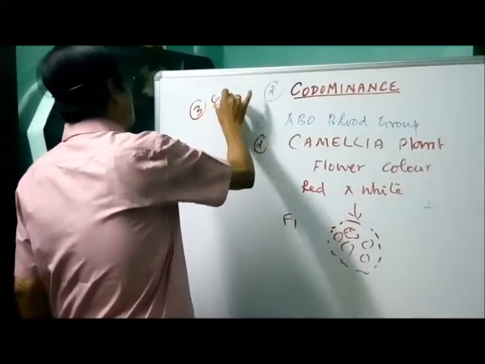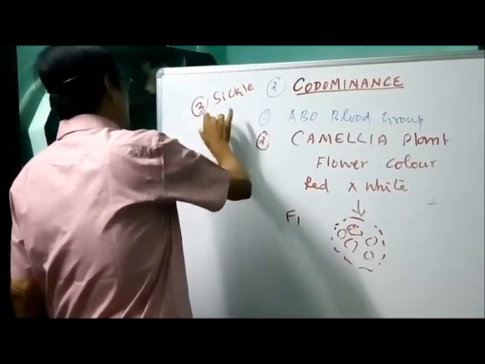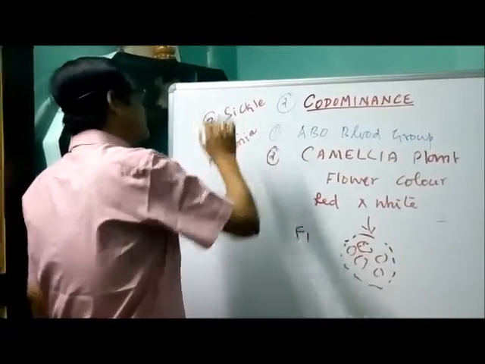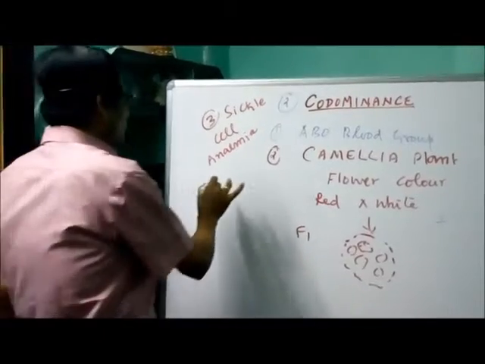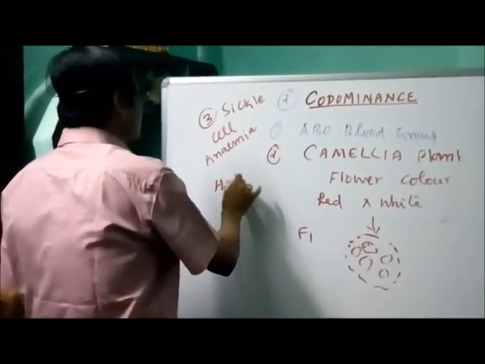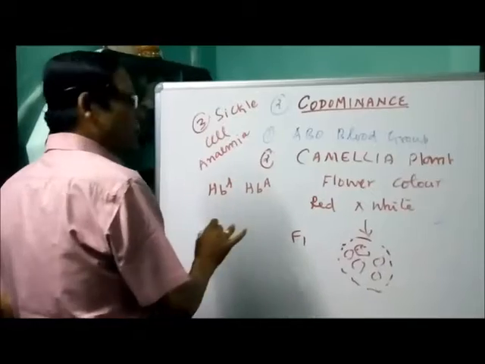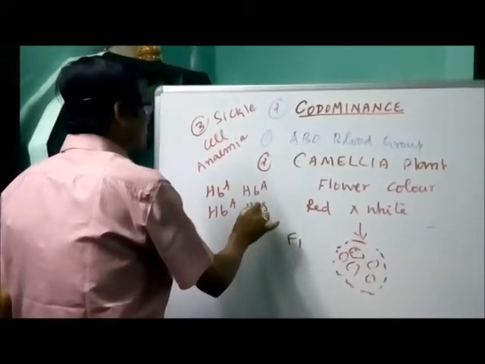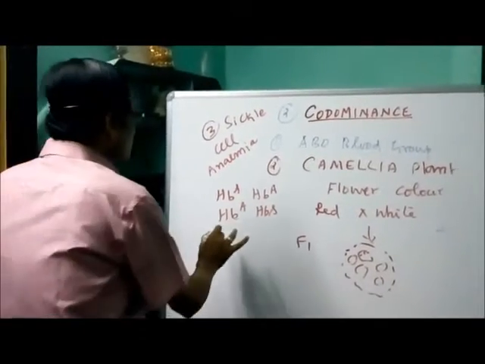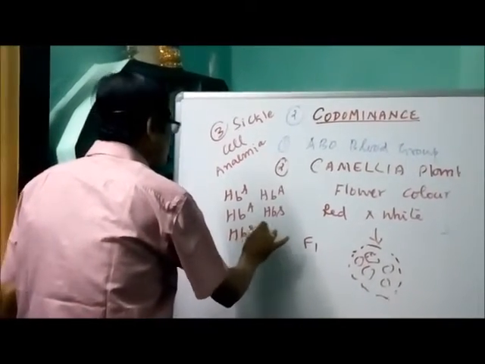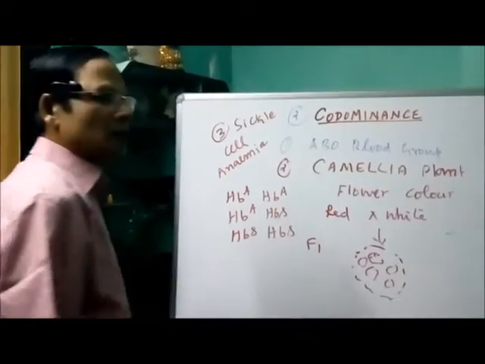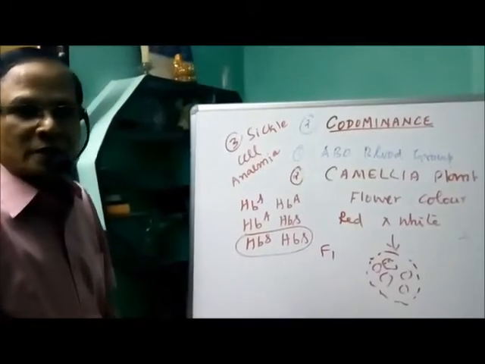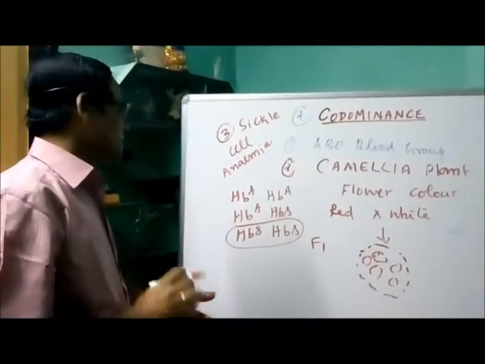The third example is sickle cell anemia. In sickle cell anemia, we have a normal person with one genotype, a heterozygote with another, and the sickle cell condition as the third. The homozygous recessive person dies.